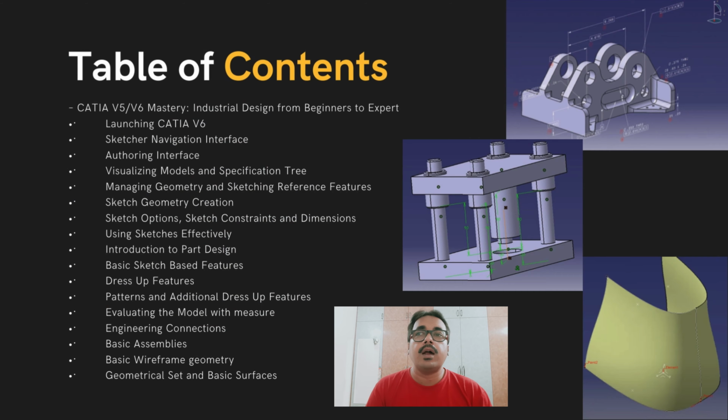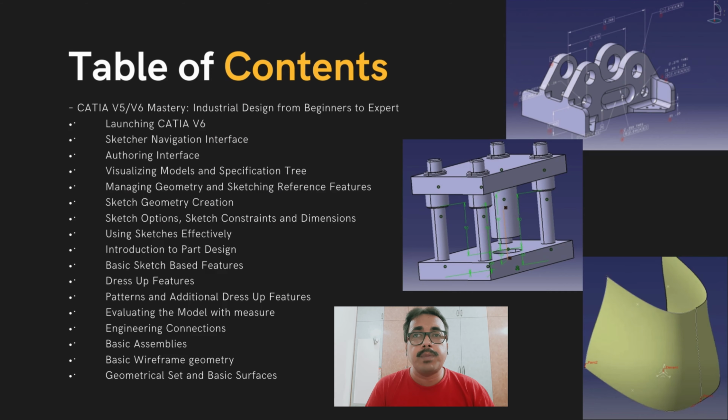So from here, once the assembly is done, having started from the CATIA launching, then your sketch creation, part modeling, the assembly design, now we'll be going towards the geometrical set, wireframe diagram, so wireframe geometry creation. We'll explore the creation of the basic wireframe geometry.